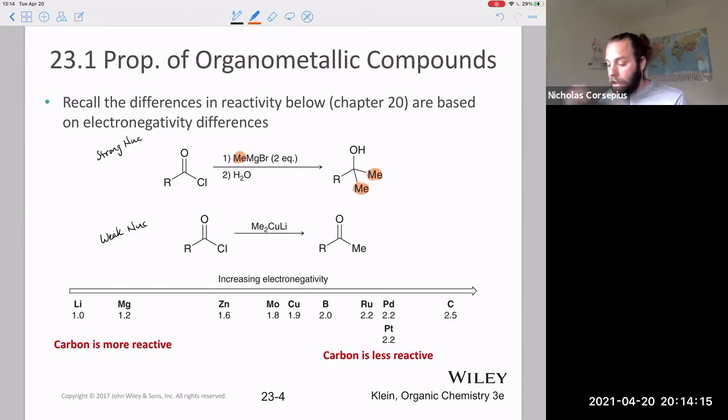You know, first it will add on and create a ketone, but then Grignards are strong enough to react with ketones, so it will undergo another round of addition. When we had the Gilman, it was strong enough to react with that highly reactive acyl chloride, but then it's not strong enough to undergo another addition with the ketone that's created. Okay, and again, it has everything to do with these electronegativities.